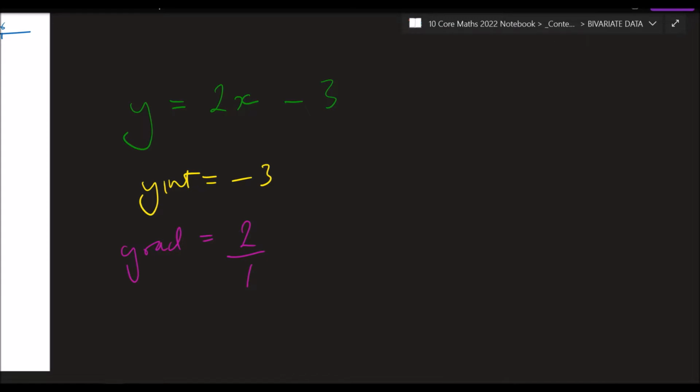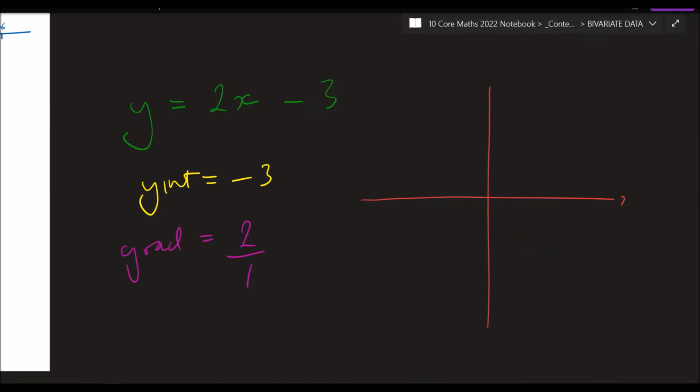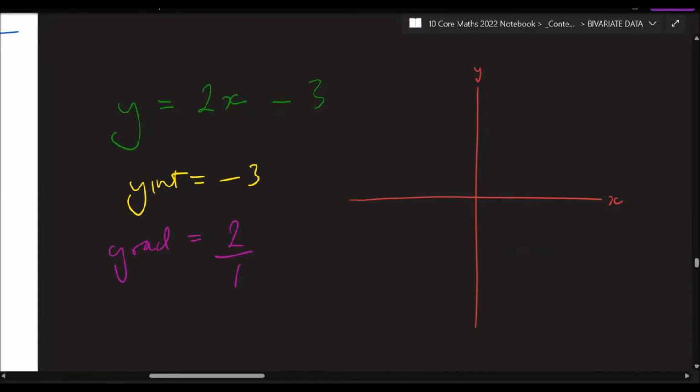Now, let's graph this. You've got your Cartesian plane, so put your x-axis and your y-axis there. I'll label that for you: that's your x, that's your y. For simplicity's sake, I'm going to put in the number lines so you can see what the numbers are: 1, 2, 3, 4, and over this way -1, -2, -3, -4.